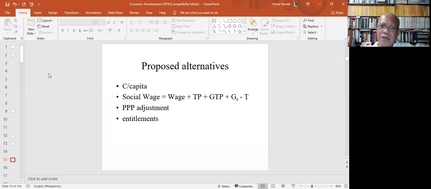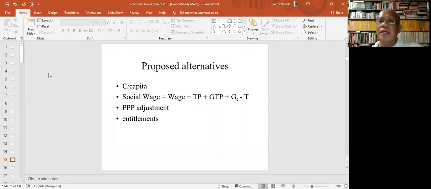And then you have what's called government transfer payments. Okay, such as pensions for the retirees, and conditional cash transfers, okay, for the low income classes in order to have their children go to school regularly and undertake regular vaccinations and immunizations.